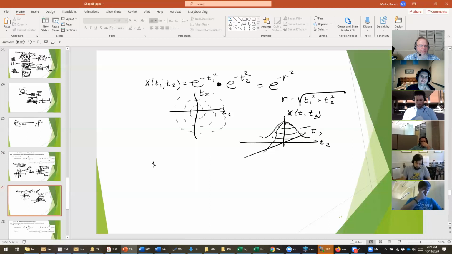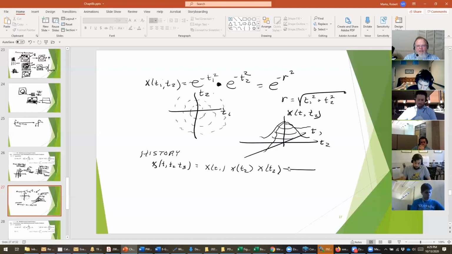So if we had 3 dimensions, for example, and we were to look at the probability density function for 3 samples, it would be x of t1, x of t2, x of t3, right? This is some history. If the x's are probability density functions, and you don't remember this, that's okay. If you do remember this, you'll be impressed. Okay, so these are probability density functions.